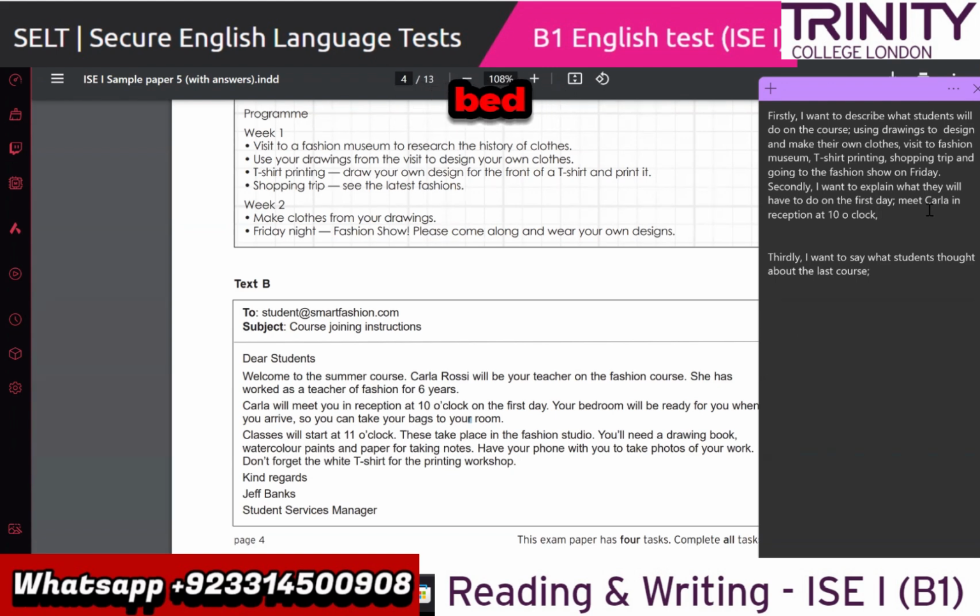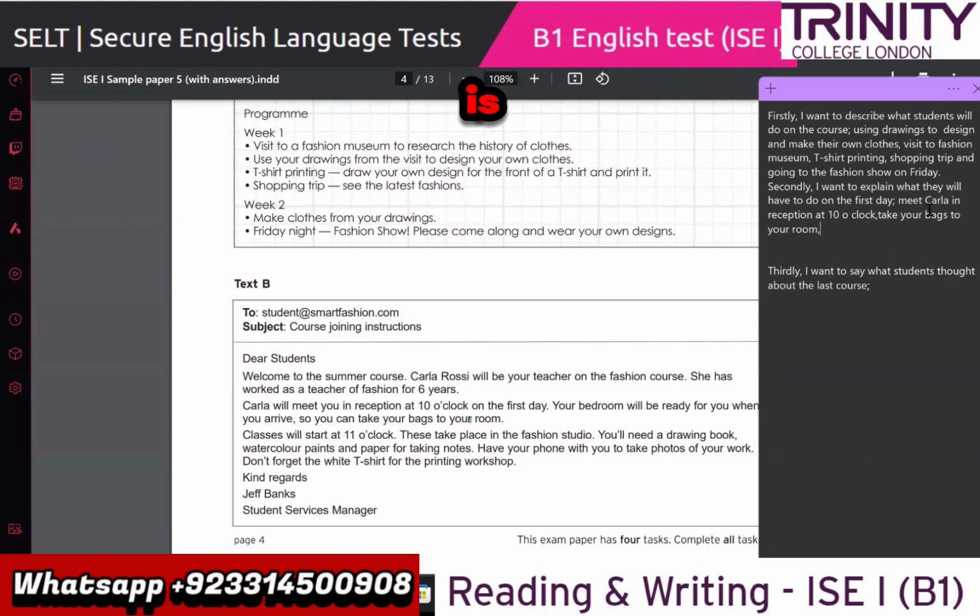Your bedroom will be ready for you when you arrive. I think this is unnecessary, right? But an instruction they say is you can take your bags to your room. So this is an instruction that they have to do, right? Take your bags to your room.